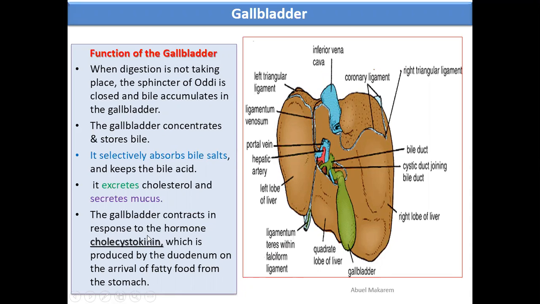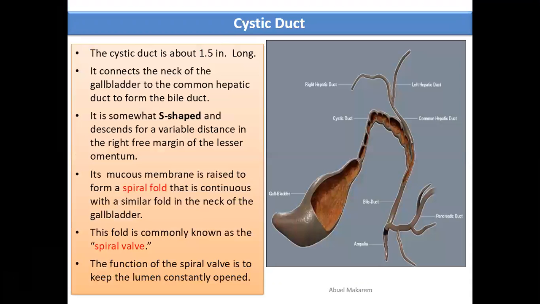Whenever fatty food arrives from the stomach into the duodenum, cholecystokinin is released, which causes contraction of the gallbladder, and the bile will be released.